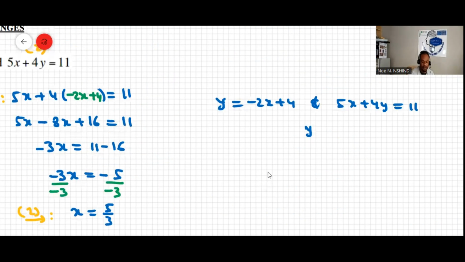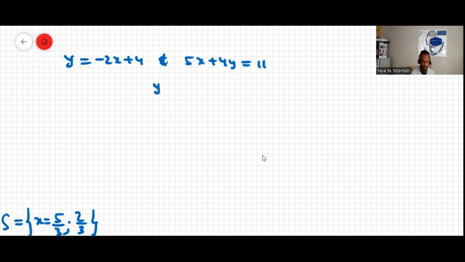So now we have y equal to negative 2x plus 4. Over here, I'll move the 5x over, and then 4y will be equal to negative 5x plus 11.